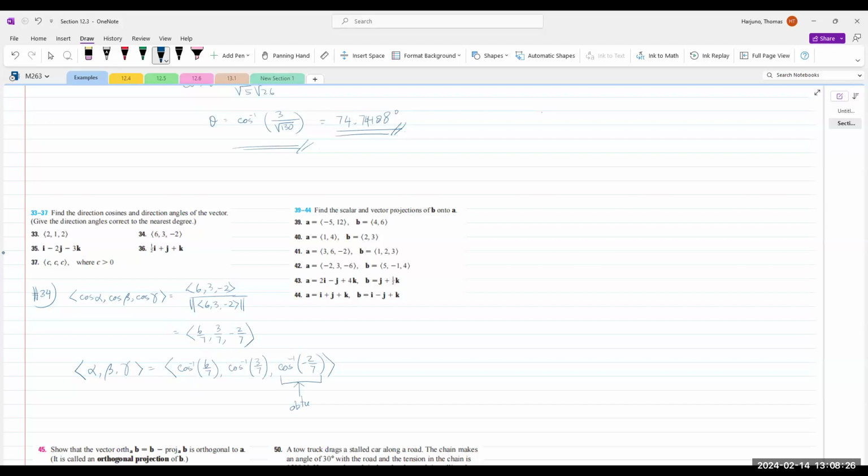You can use your calculator. Greater than 90 degrees, right? But when we talk about direction angles, if gamma is greater than 90 degrees, it means the coordinate is below the xy plane. As you can see here, the negative 2. Okay, it's below the xy plane.